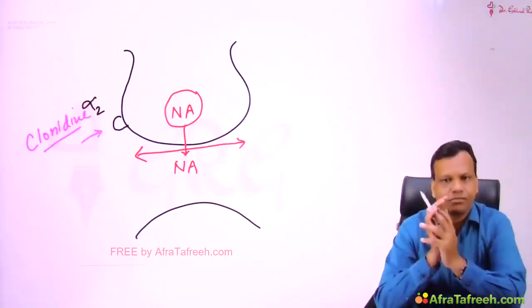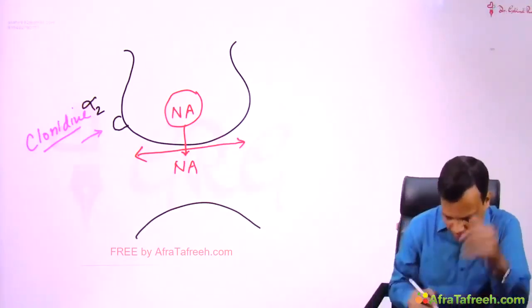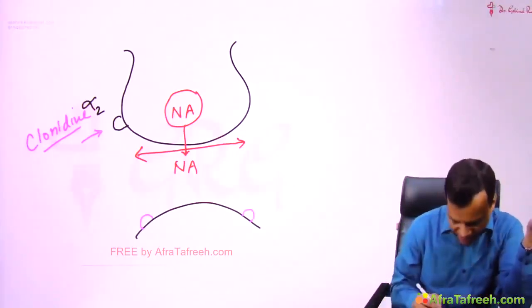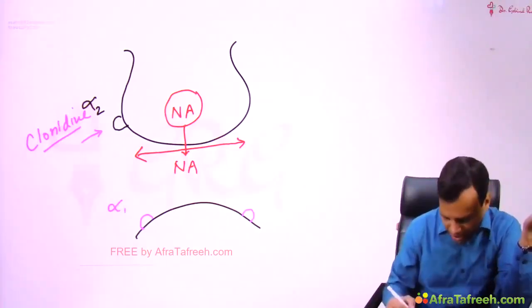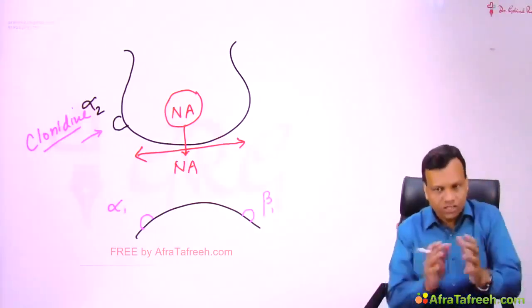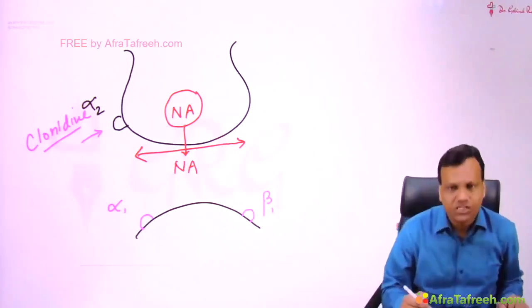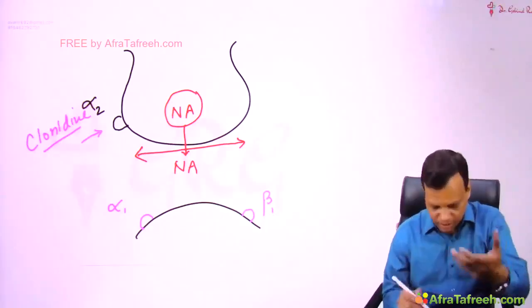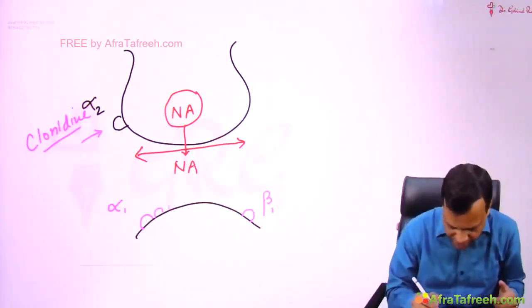Brake occurs. So when noradrenaline does not come, these receptors cannot be stimulated. In the blood vessels they are alpha 1, in the heart they are beta 1. So they are not stimulated. When they are not stimulated for long periods, what happens? Upper regulation occurs.